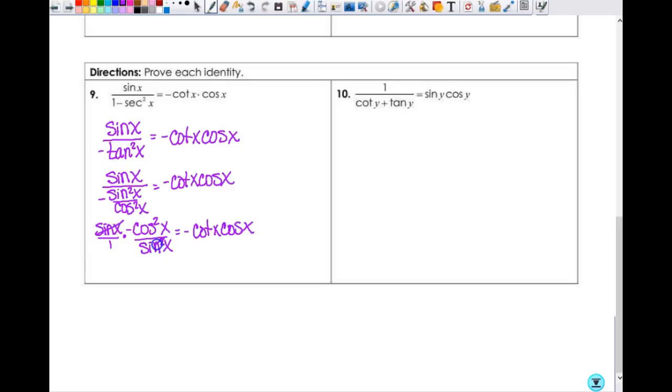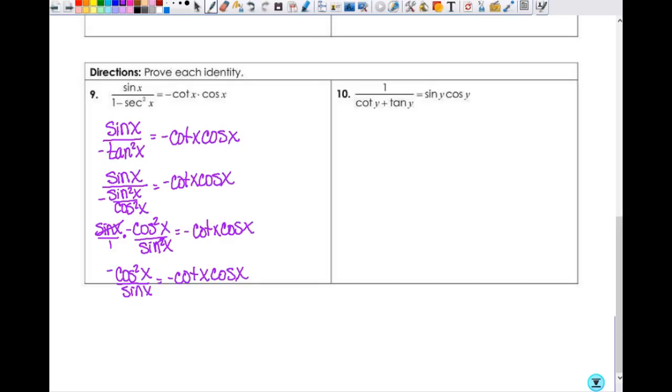So sine x cancels out with that, and I get negative cosine squared x over sine x equals negative cotangent x cosine x.